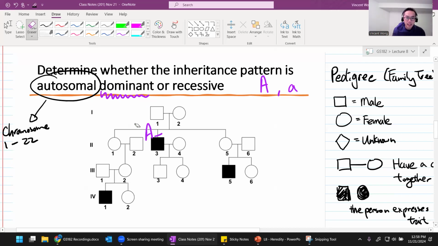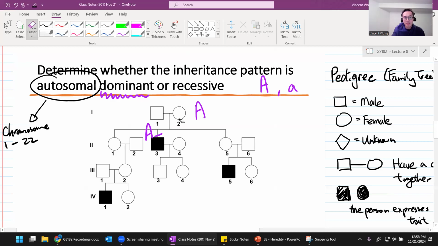If one of the alleles is big A, that means the big A must have come from his father or his mother, right? And so the mother must have a big A. But we know she does not have a big A, because if she did, she would have been shaded in as well. She would have the same trait because it's a dominant trait.